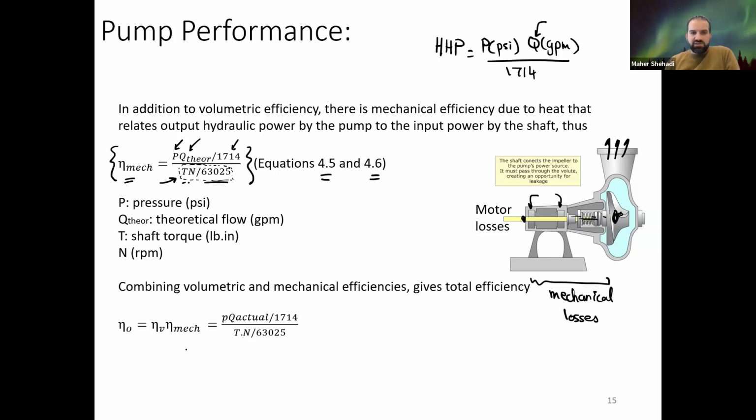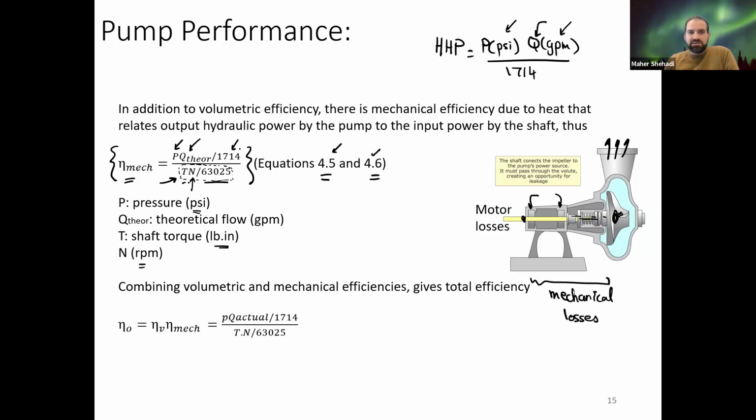Again, this equation, those two equations, 4.5 and 4.6, and that's one of them. It's unit specific, so you have to make sure that you meet the units. The pressure has to be in PSI, Q in gallons per minute, GPM. The torque has to be in inch-pound, not foot-pound, and the N has to be in RPM.